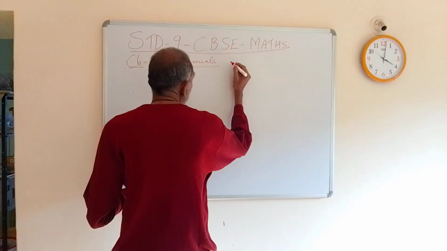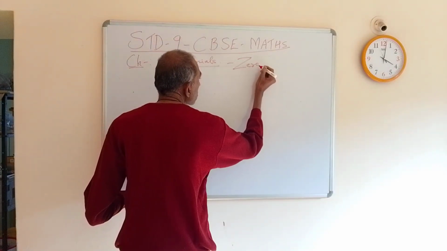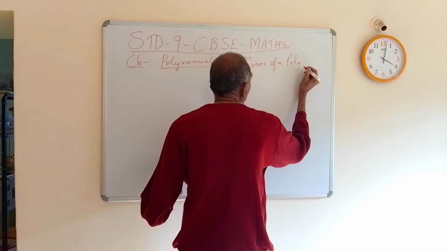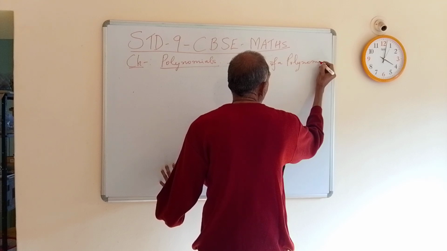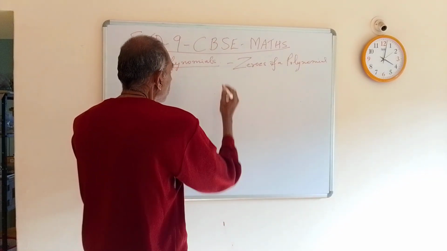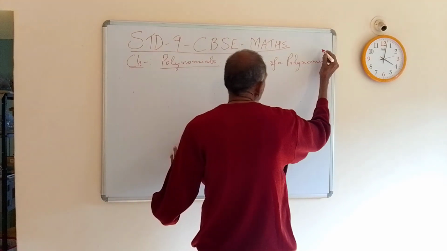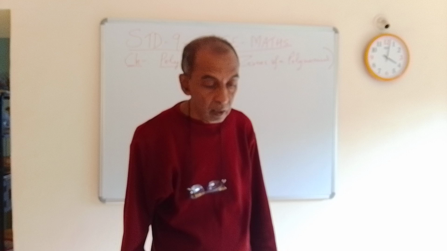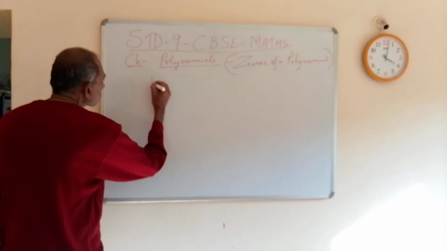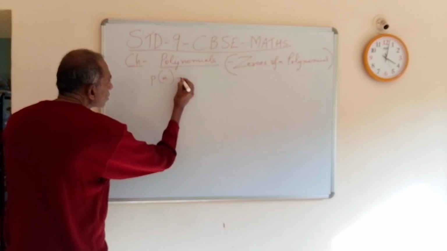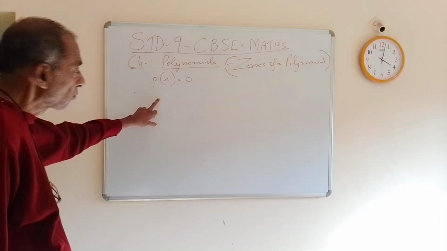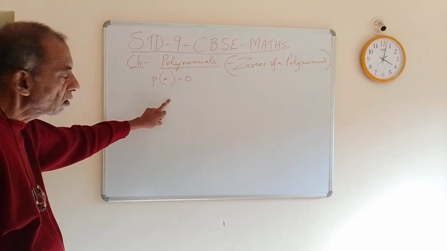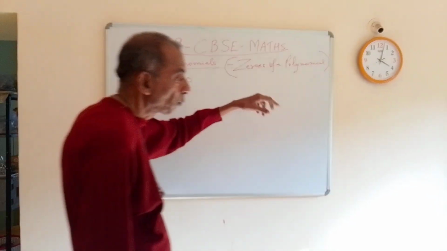So it will be zeros of a polynomial. If we get an equation like p(x) is equal to 0, so if the expression here, whatever we say, if the value of that comes to 0, then we call it zeros of a polynomial.